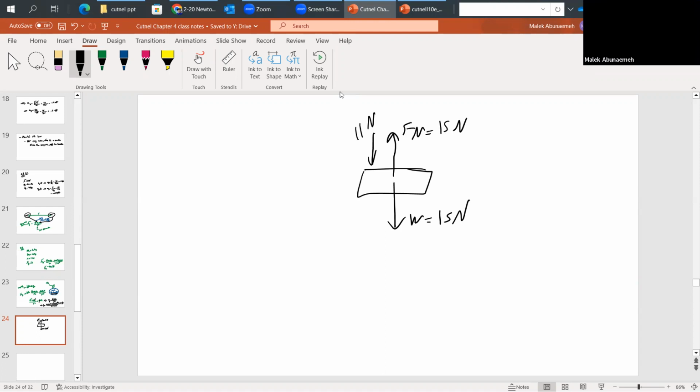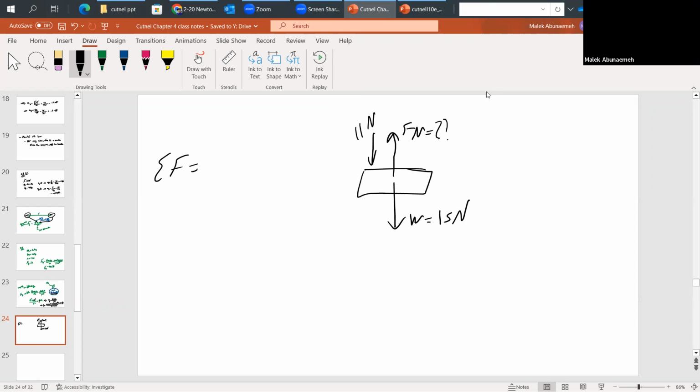That means your summation of all the forces, and in this case it's going to be in the y direction, there's nothing in the x direction, is going to equal your 11 is negative. And then your 15 is positive. Actually, hold on. Let's make this challenging. Let's make this into what is this normal force.